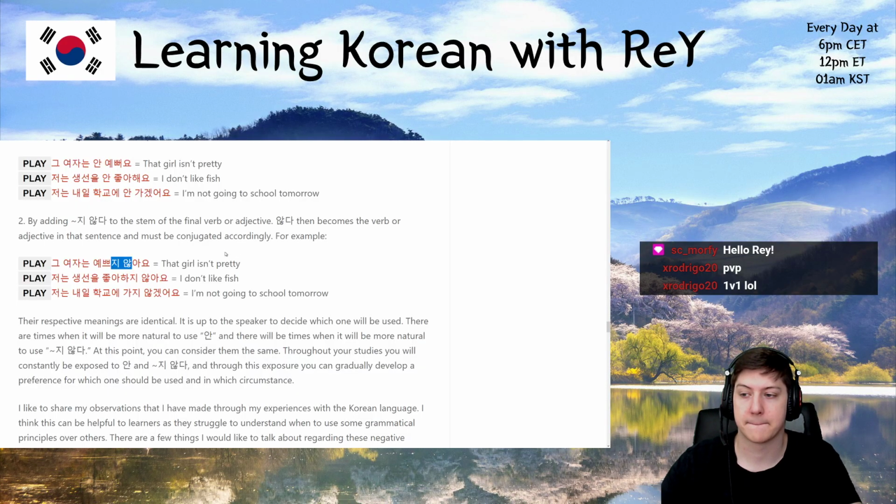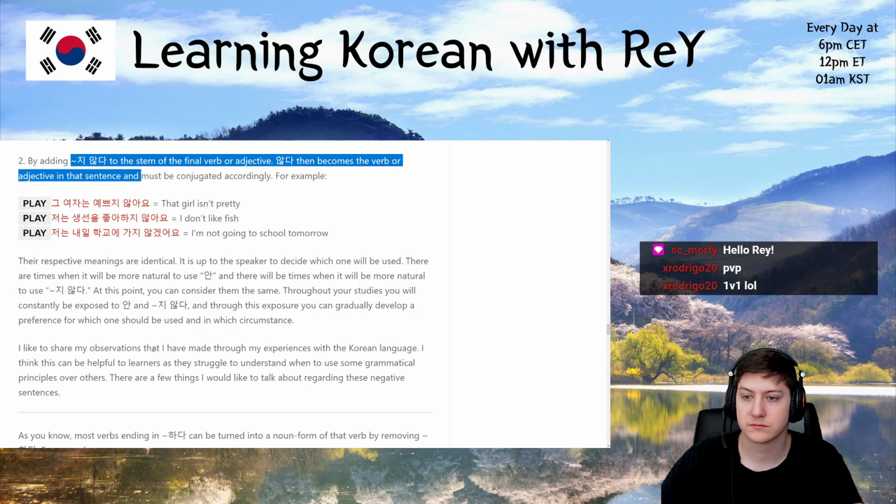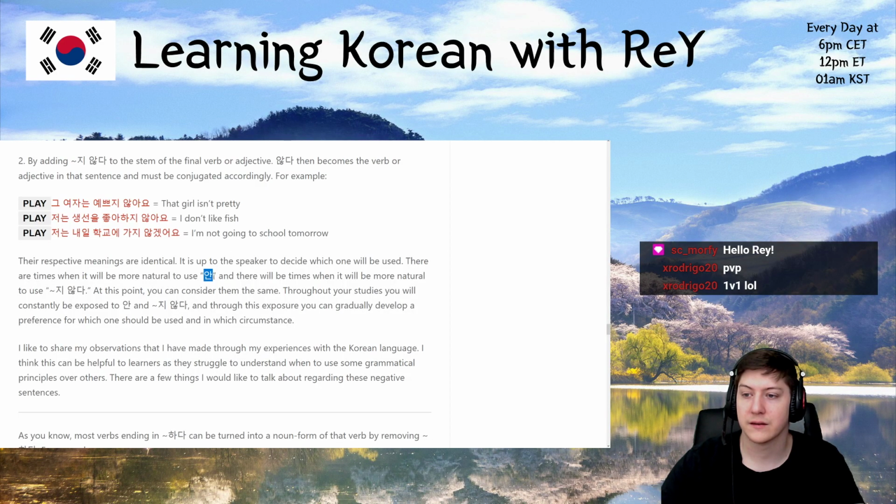Interesting. I really wonder what is used more, this one or this one. The respective meanings are identical. It's up to the speaker to decide which one is used. There are times when it will be more natural to use an, and there will be times where it will be more natural to use G-manta.